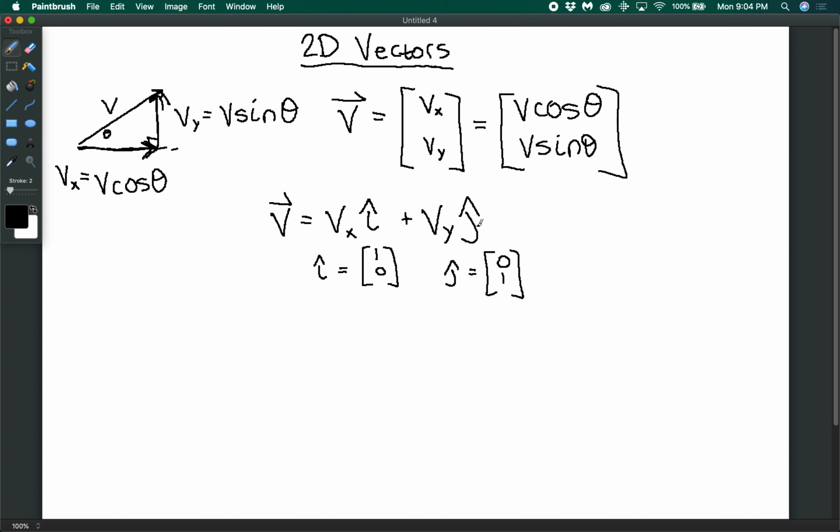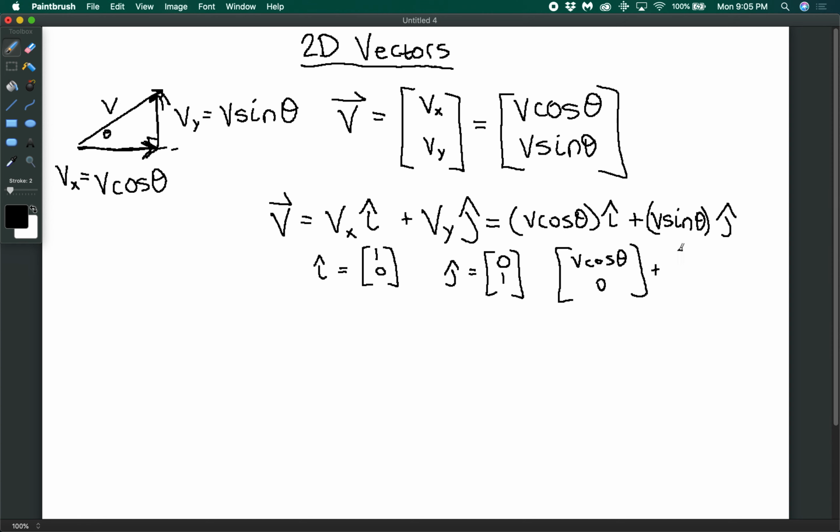I can go back and forth between these two forms because they're equivalent. So this would be v cosine theta i hat plus v sine theta j hat. And then, if I wanted to, I could say, oh, well, i hat is 1, 0. So if I multiply that in, I get v cosine theta, 0 plus 0, v sine theta.